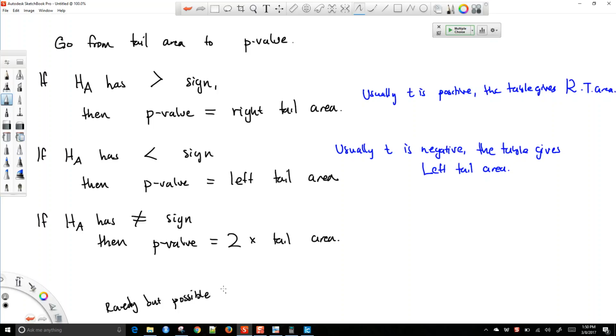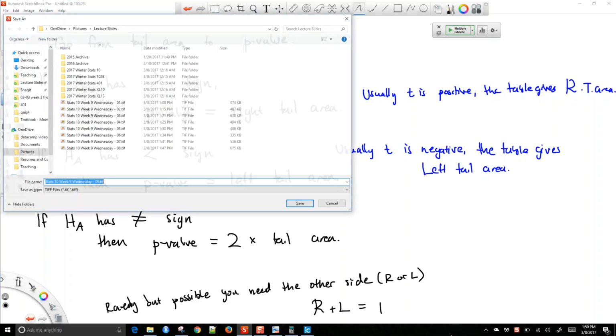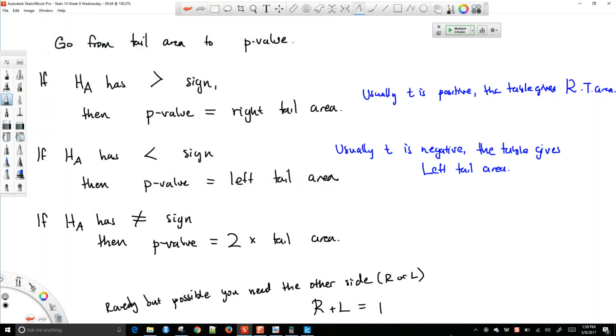You need the other side, being left or right, and in that case, just know that the right plus the left equals 1. So if you have the right and you need the left, do 1 minus that. If you have the left and you need the right, you can do 1 minus that. Most of the time that's not the case, but it could happen.